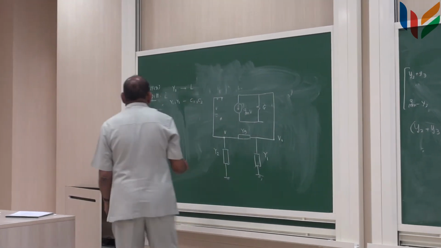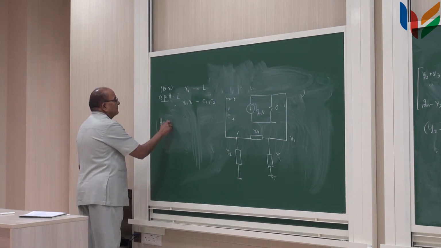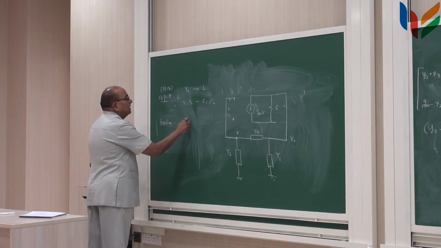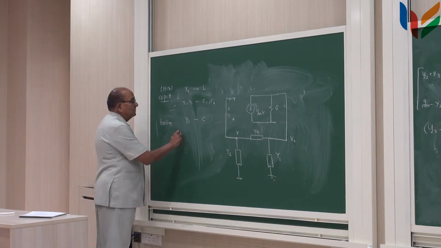What Hartley did was to use Y3 as a capacitor and Y1 and Y2 as inductors.